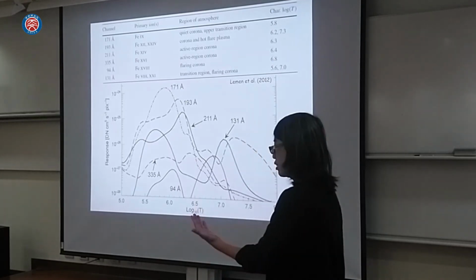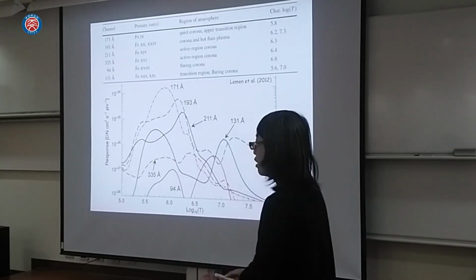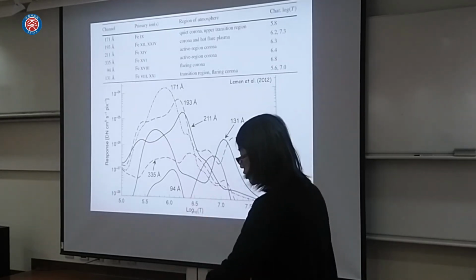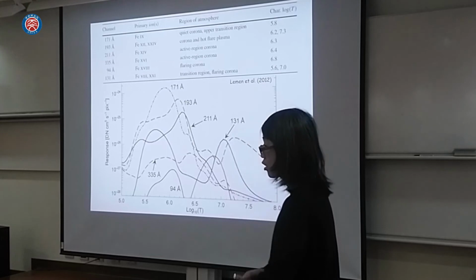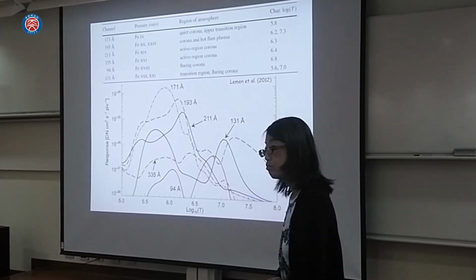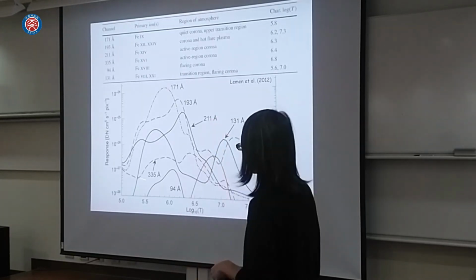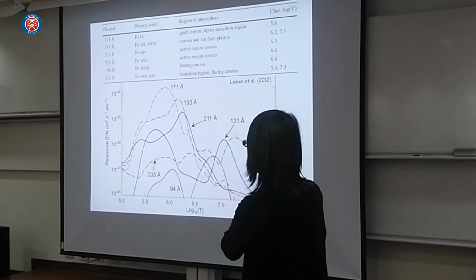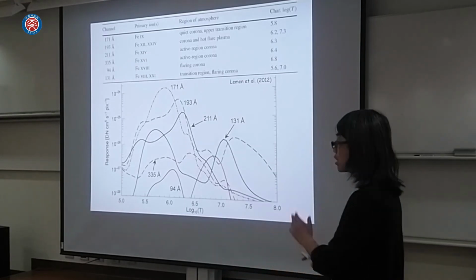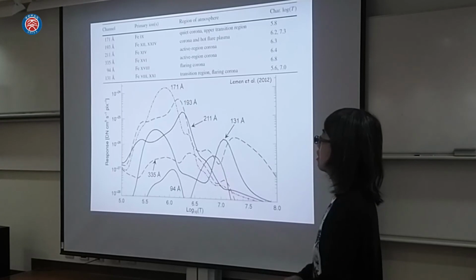If we see brightening in the 94 image, we do not know whether this brightening is coming from cold plasma or hot plasma, because the response curve shows there are 2 peaks, one in the low temperature and one in the high temperature. So we want to know if the brightening in the 94 image is coming from the hot plasma or not.